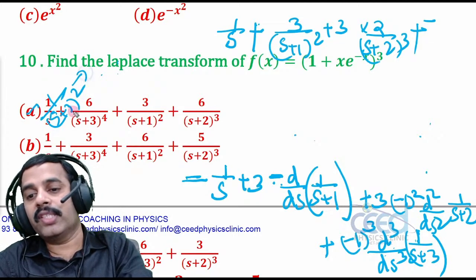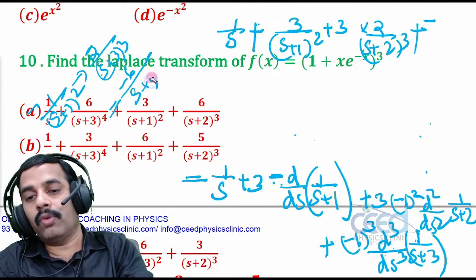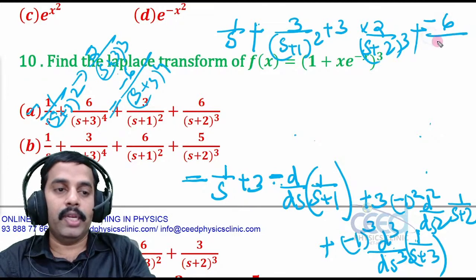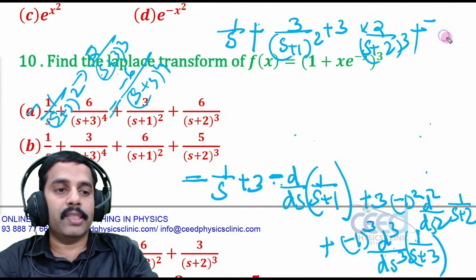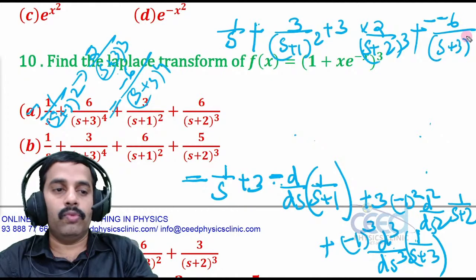Again differentiation gives plus 2 divided by s plus 3 whole cube, and again differentiation gives minus 6 divided by s plus 3 whole raised to 4. So we can substitute here, we have already a minus here, so minus 6 divided by, that is minus 1 cube, s plus 3 the whole raised to 4.